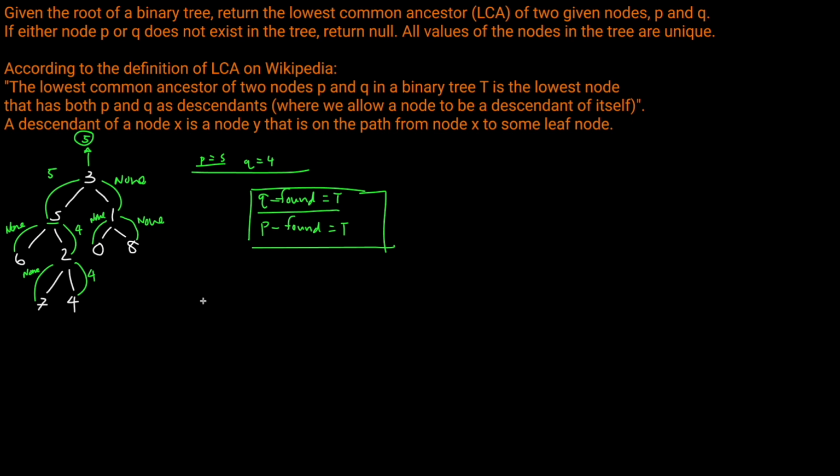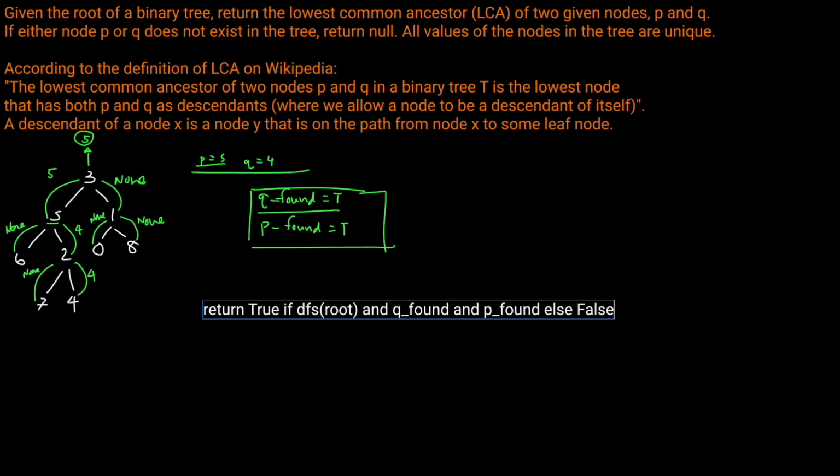So for example, our return statement would be, return true if DFS on the root node and Q found and P found, else we have to return false. So we have to find Q and P, otherwise we can't return true.